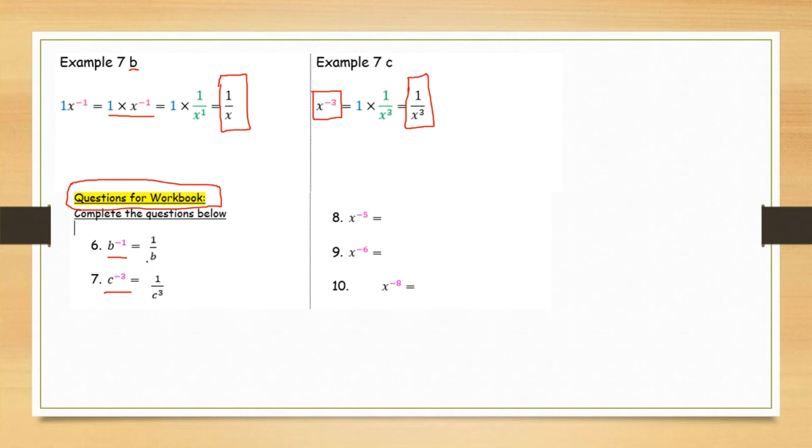That might be the cue to write down to help you remember this concept. x to the minus 5 is 1 over x to the power of 5. x to the minus 6 is 1 over x to the power of 6. And x to the minus 8 is 1 over x to the power of 8.